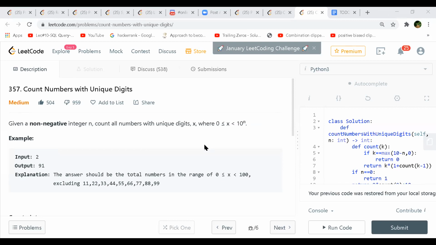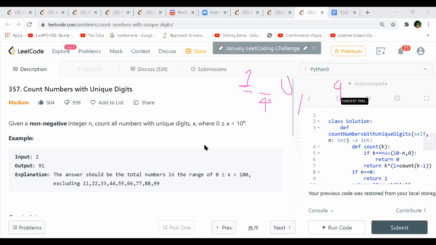And if it's a 2-digit number, how much will it be? We go step by step. If I try to put 1 here, then I have 9 options here, from 0 to 9 excluding 1.